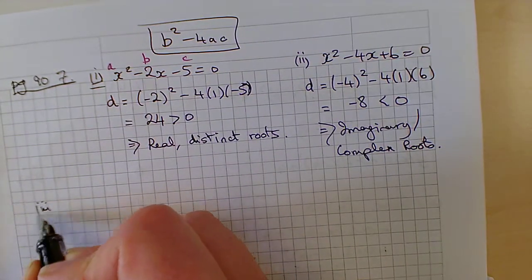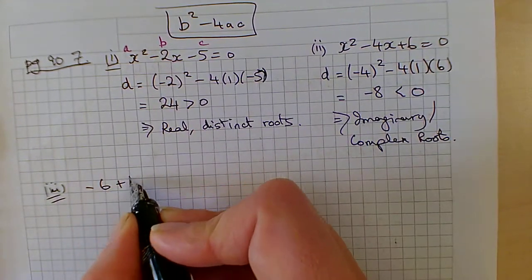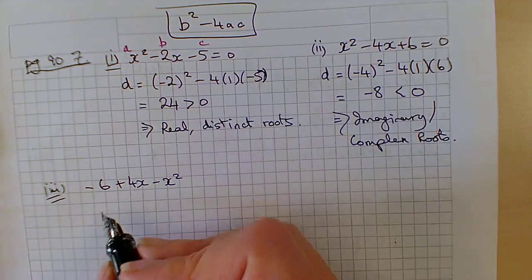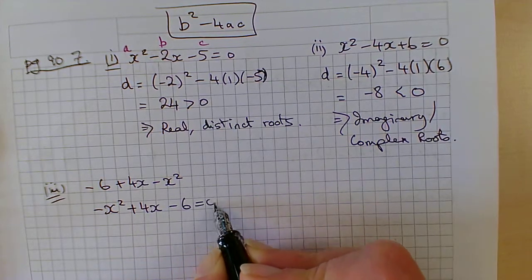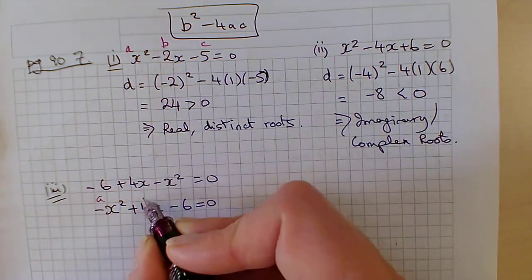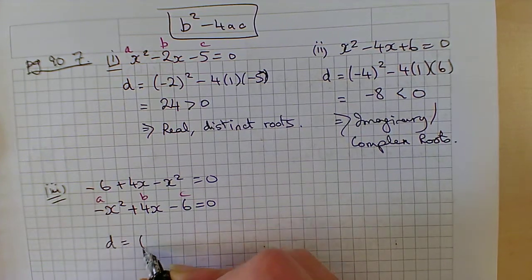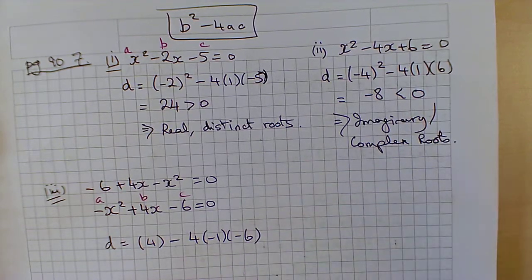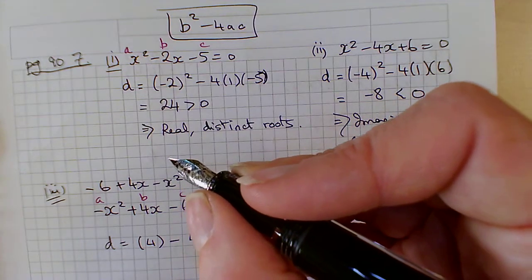And next, part 3. We had minus 6 plus 4x minus x squared. Let's write that in x squared, x, constant order so that it looks like what we're used to seeing. I could change the signs as well. So I have a, b, c, and my discriminant is b squared minus 4ac, like that.